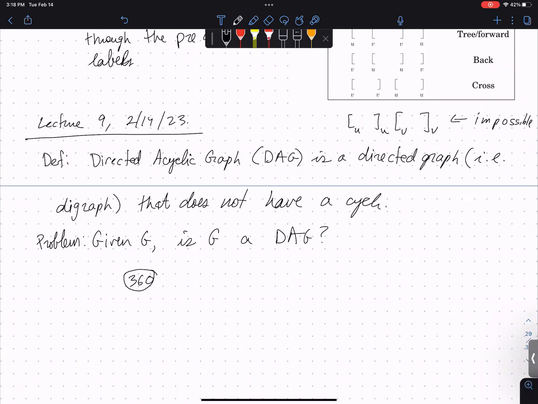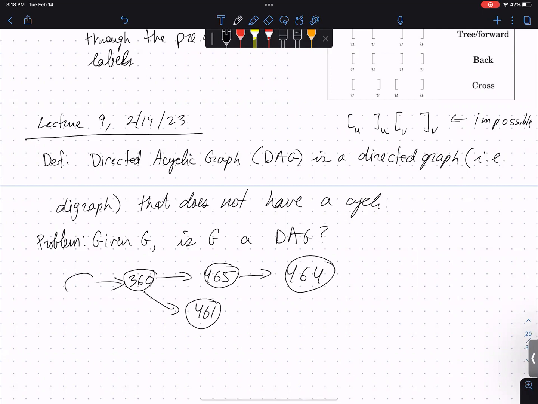So you have, for example, your classes that you need to take, and 360 is a prerequisite for 465, and 465 is a prerequisite for 464. And remind me, 360 is a prerequisite for something else, probably 461. And you have some prerequisite probably from 360 and so on.